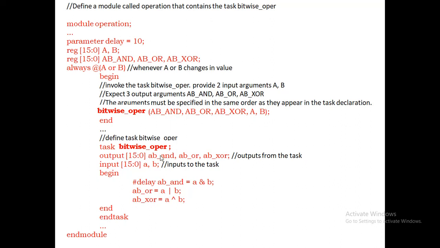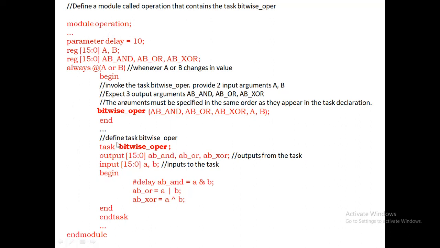First we declared output AB_and, so first I have written AB_and with respect to this module, then AB_or, then AB_xor, and then inputs A comma B. This is how a task can be written within the module, and I am going to call it to perform these three operations, A and B, A or B, A xor B, on these two variables A and B. The task is ended with endtask, and this module operation is ended here with endmodule.